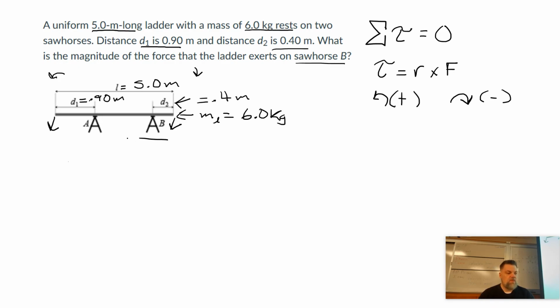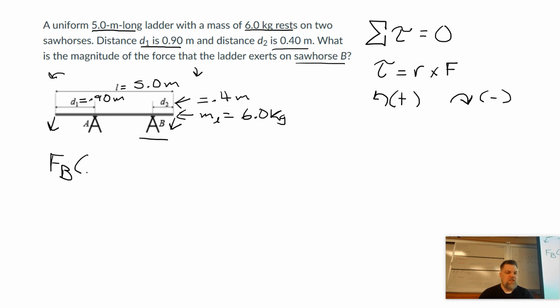So the force that's being applied to B times the radius. So if I say the force B times the radius, well, how do I figure out what the radius is? In other words, we're looking for the force that's being applied here.